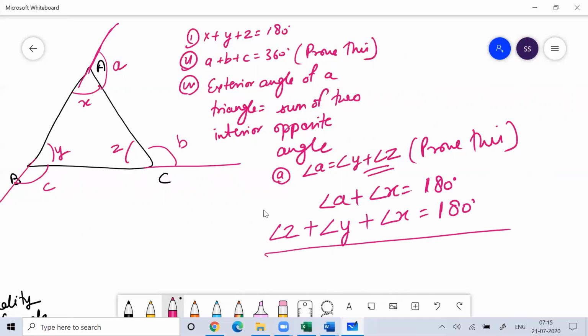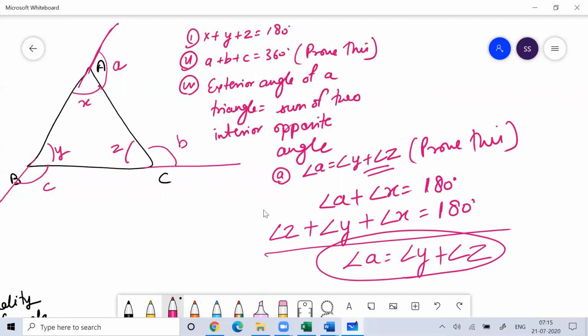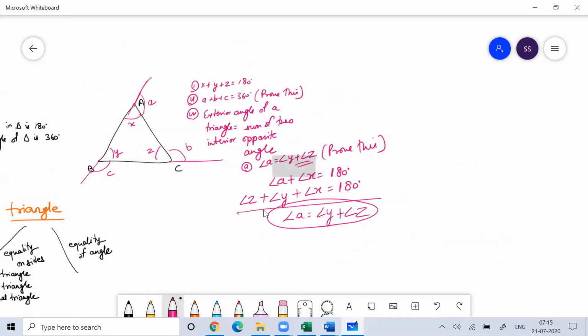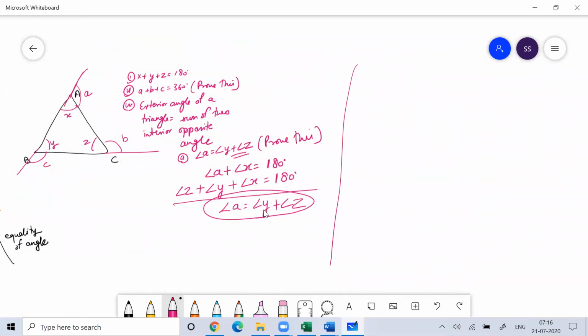With this, you can prove that angle A is equal to angle Y plus angle Z. Similarly, you can say that angle B is equal to angle X plus angle Y, and angle C is equal to angle X plus angle Z.